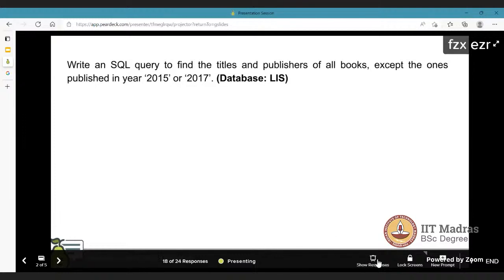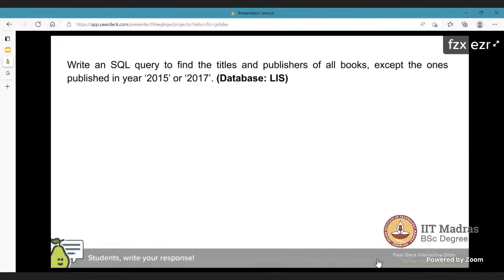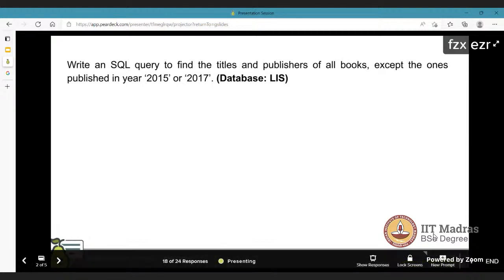If 2015 is an integer, then can you use 2015 without single quotes? Yeah, if it is an integer data type, then yes, you can use it. But in my PG admin, it is not working. It's showing an error without single quotes. Is the year varchar or integer data type?